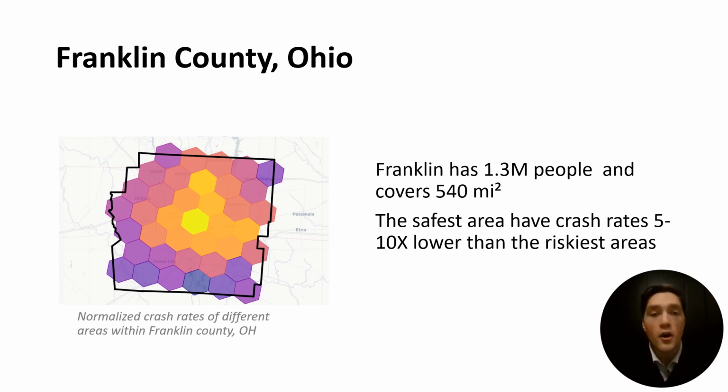So if you are to generalize that the average person is likely to get in a crash based on the county average, you are potentially either charging that person, if they live on the outskirts, far too much to be competitive, or if you're looking at that on someone who lives in a riskier area, maybe you're undercharging them. So there's opportunity there to increase those loss ratios.